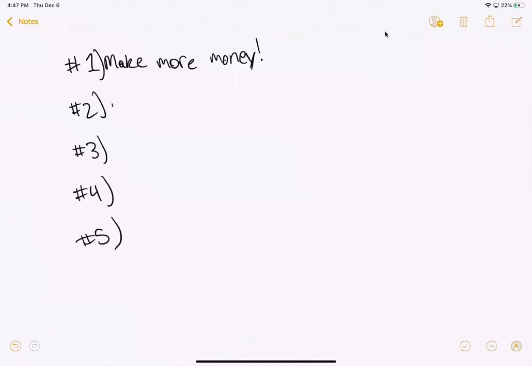And then number two was make 10K in 10 days, right? Enlarging on the original claim is what that is. Make 10K in 10 days.